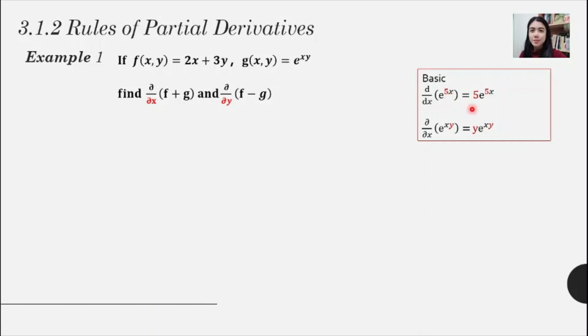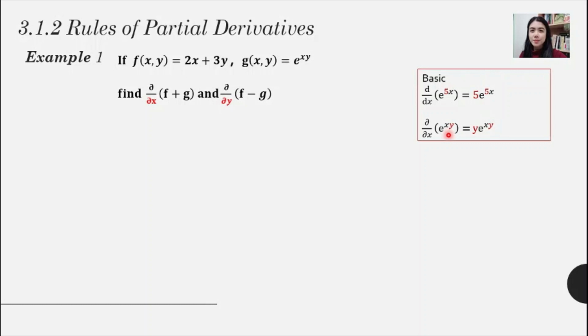So write the 5 here and copy back the exponent next to the 5. That's why you have the answer 5e^(5x). If you observe the pattern, we take the coefficient of x, that is the 5, and put it in front of the exponent.